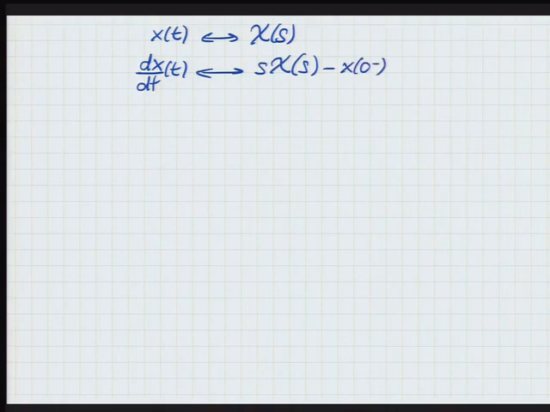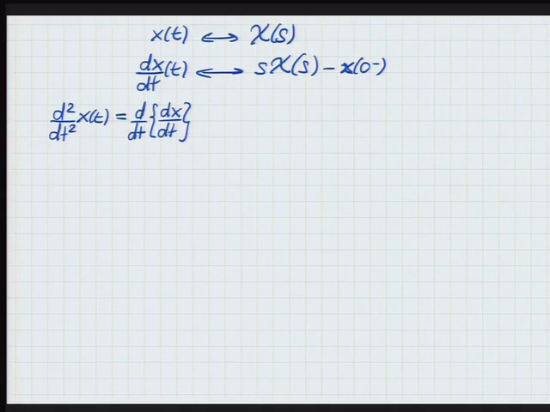This is the little x, by the way, the value of the signal. Okay? What can we say about the second derivative? Well, we have to apply the same rule twice, right? Because that's really d by dt of dx/dt.